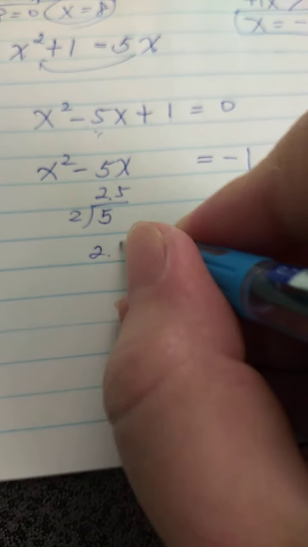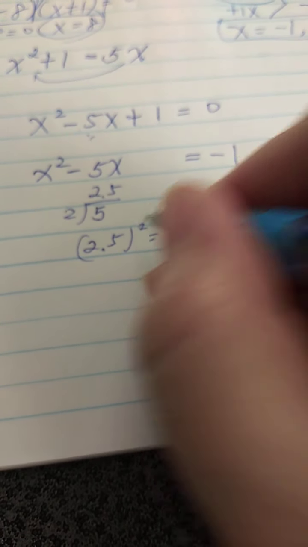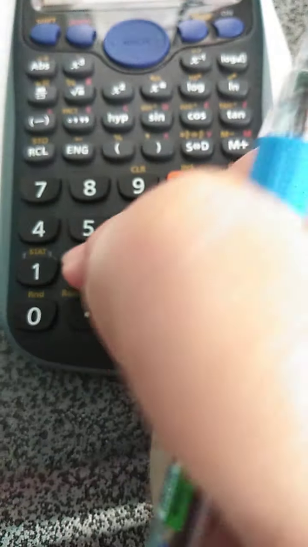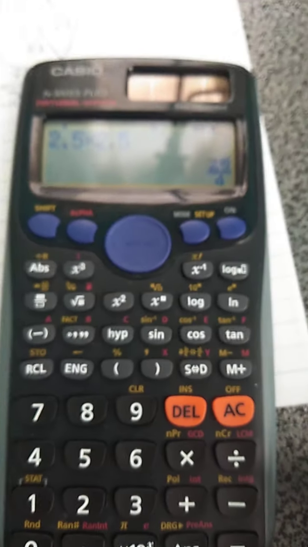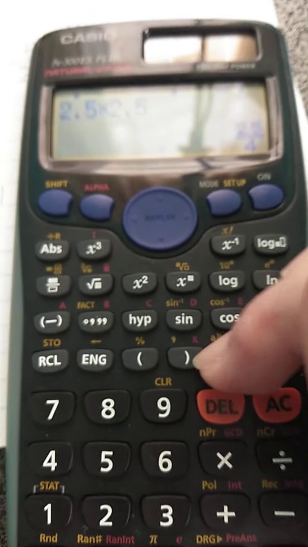So you take the 5, divide it by 2, you get 2.5, and then you square that. Let me use my calculator. Okay, so you take 2.5 times 2.5, and you get 6.25.